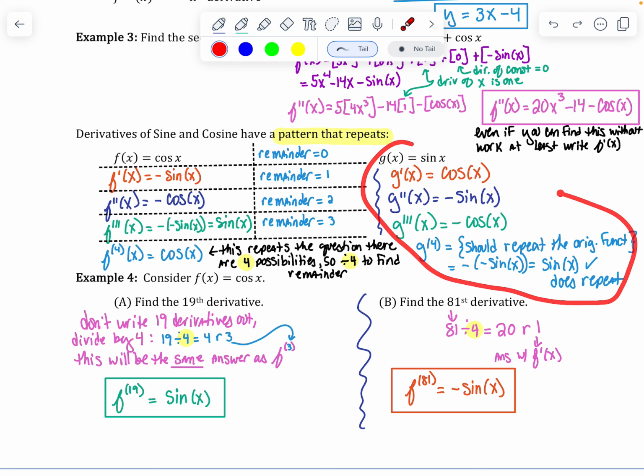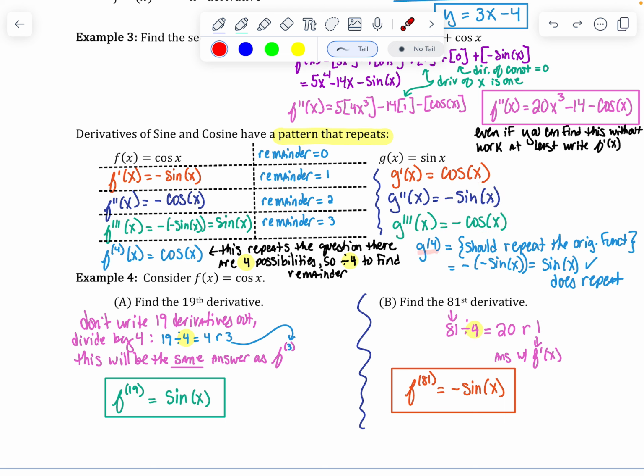And the same thing happens with sine over here. We have our question. We take the first derivative, which is cosine. The second derivative is negative the sine. The third derivative is to leave that negative sign, and the derivative of sine is cosine.